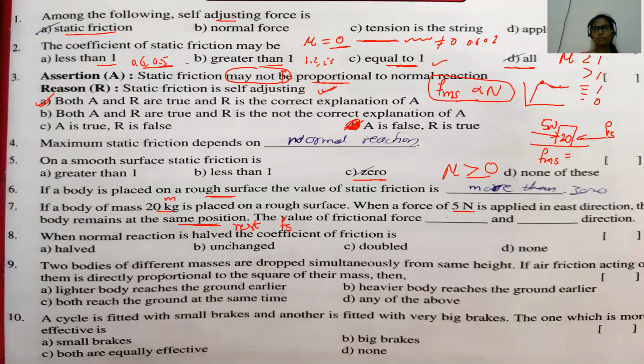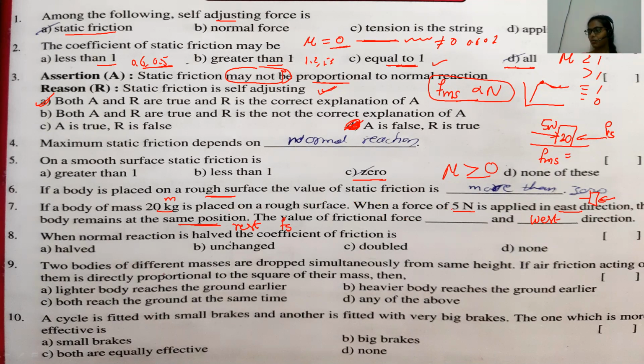Understood, children? When we apply force towards the east direction on the block, the frictional force acts from the opposite direction, the west direction. And when the block is not moving, it means the friction is less than the maximum static friction.